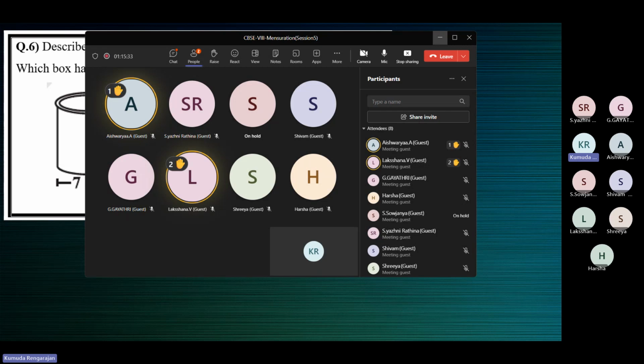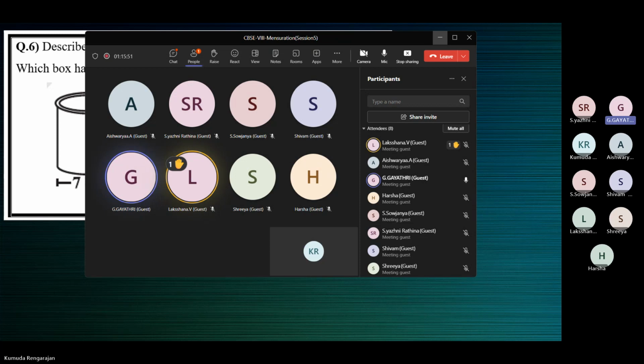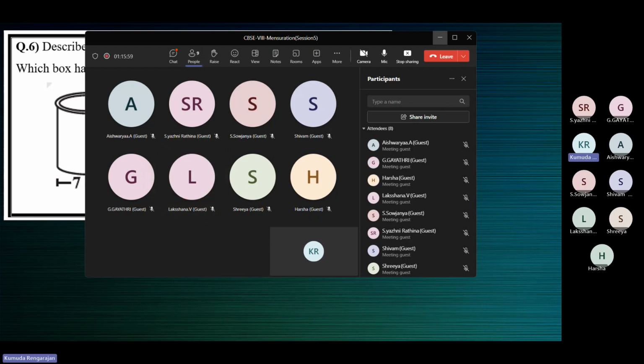That shows the amount of effort and interest she shows in the class and the effort she takes to remember whatever has been taught in the class. All of us can do that. It's just that you have to take that initiative to be prepared before you take up every session.